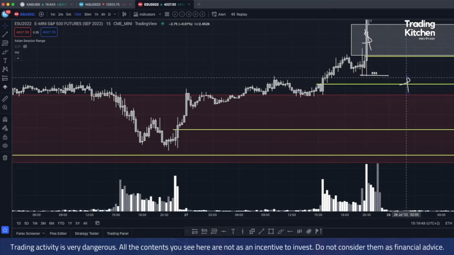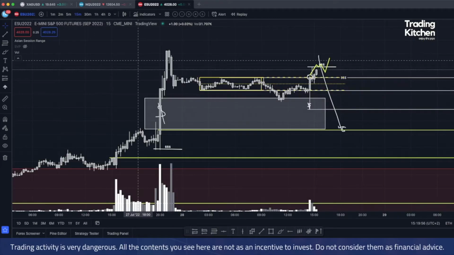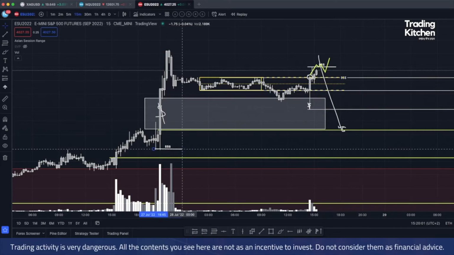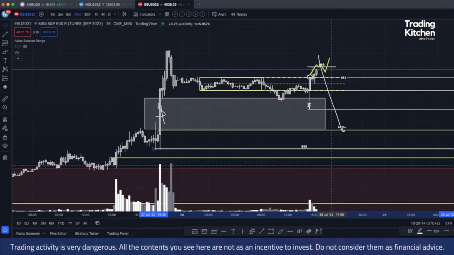I know I'm not good. Okay, so basically I highlight all these levels, and I know that I have to look for good opportunities only if price touches these levels. Okay.